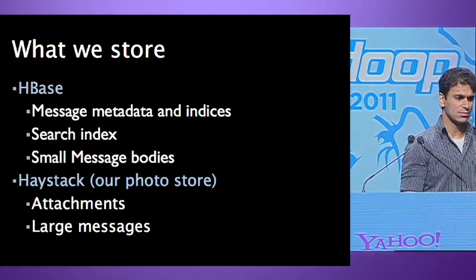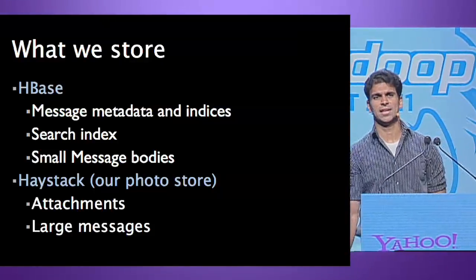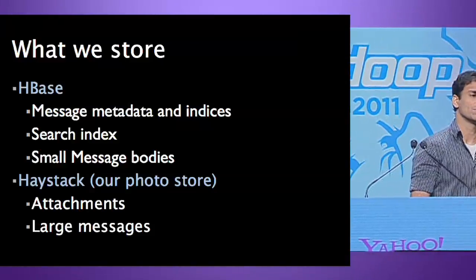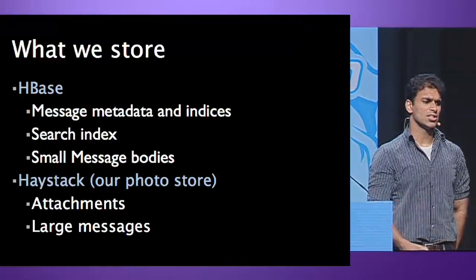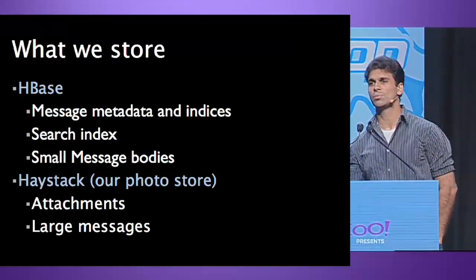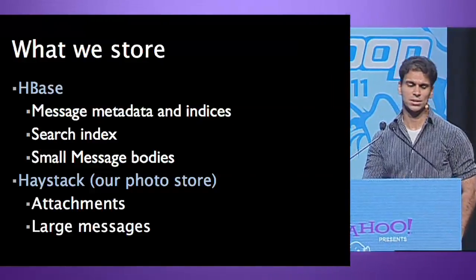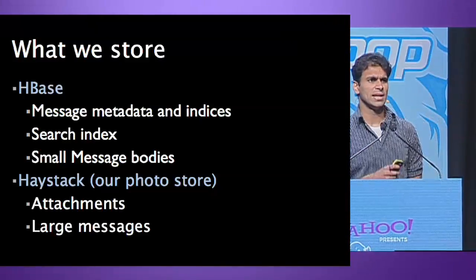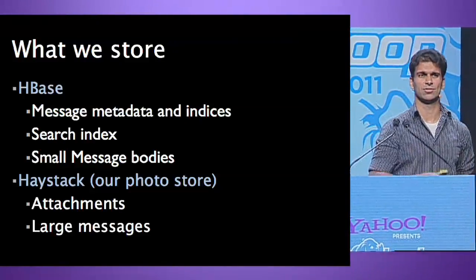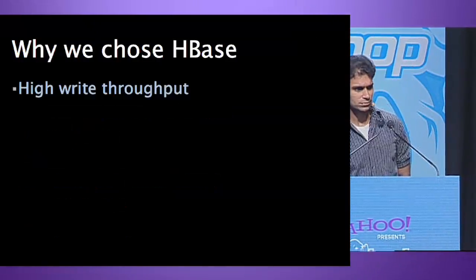In Haystack, we store attachments, if any, that come with emails or messages, and the very large message bodies. The reason we did this was because Haystack is really good at powering Facebook photos. It's been working pretty well. We have a really good ops team built around it, and it handles cross-data center replication, which becomes a major concern if your data sizes increase quite a bit.